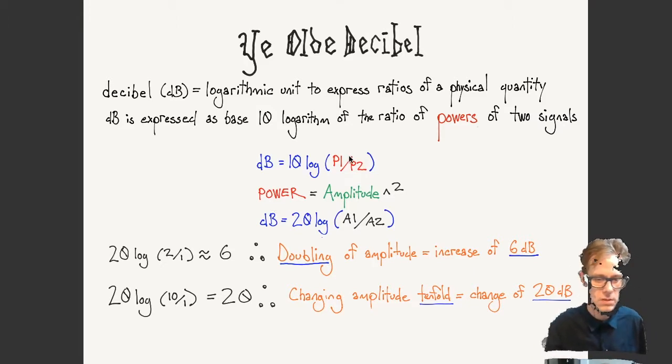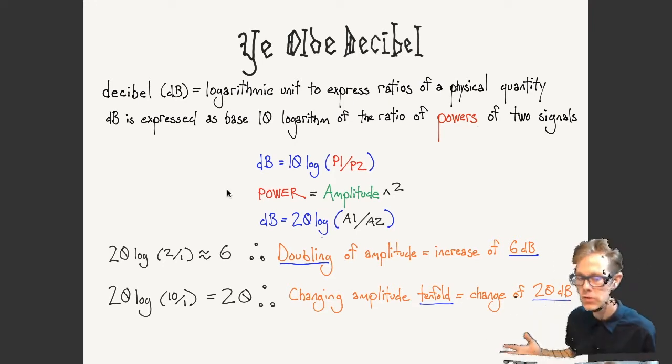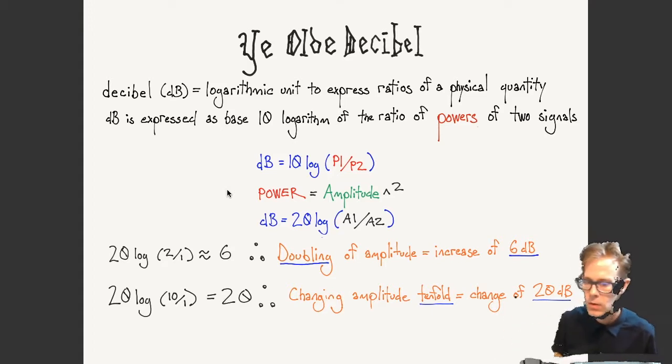So if we do some simplification of this to think of it in terms of amplitudes, 1 decibel is equal to 20 times the base 10 log of amplitude 1 over amplitude 2. And this is why we're about to conclude that 16-bit digital audio gives us a very good dynamic range when we're talking about human hearing.